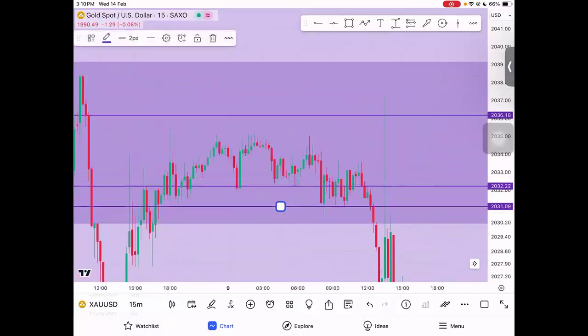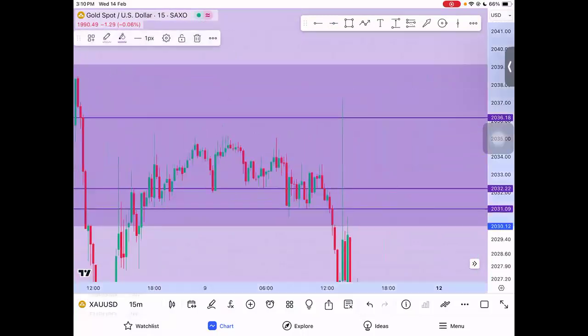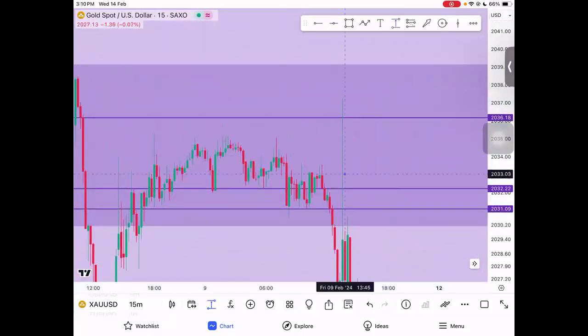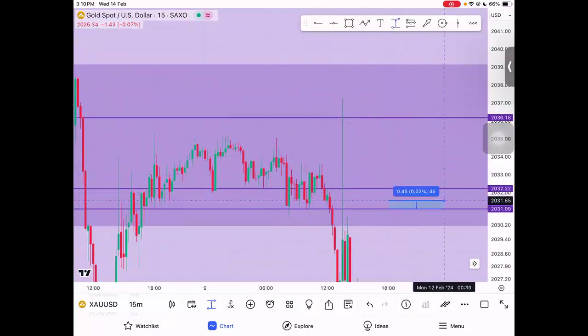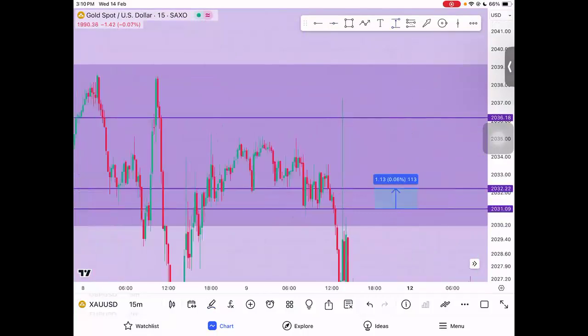This EF, the zone only takes you how many pips? Only 11 pips.